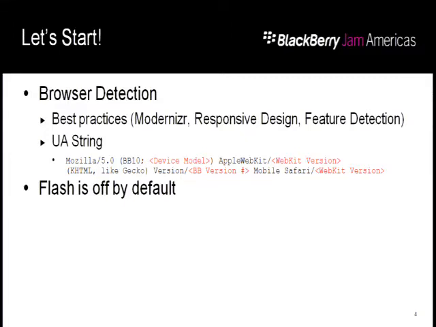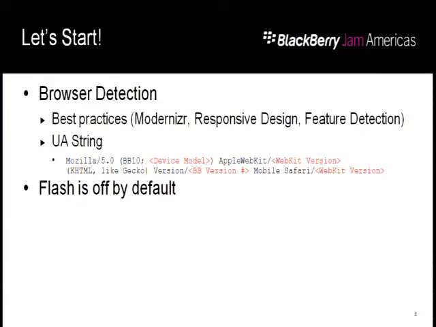Top designers and web developers will tell you that sniffing the user agent string is evil. You really want to work with browsers at the level of features and use techniques like feature detection and responsive design. One of the leading libraries out there is Modernizr, a great library that allows you to test at the feature level, can this browser support accelerated 3D CSS transitions, and start using that.